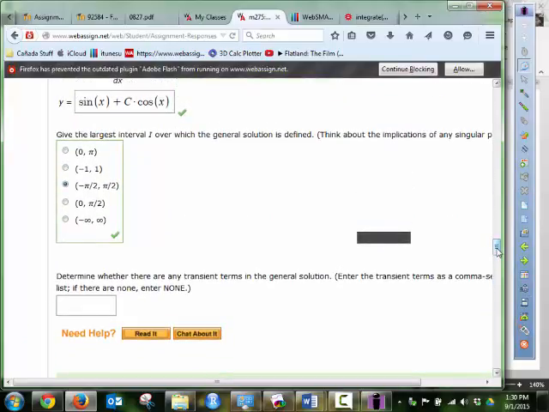And then it says determine whether there are any transient terms. So transient terms is another term that I didn't really define, but a transient term is a term that goes to 0.